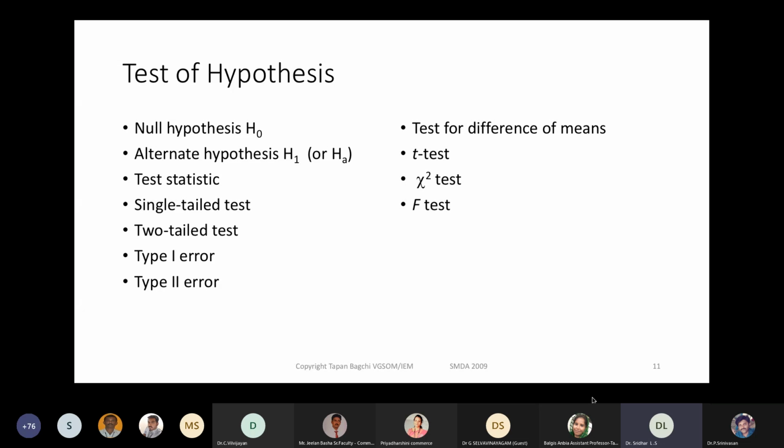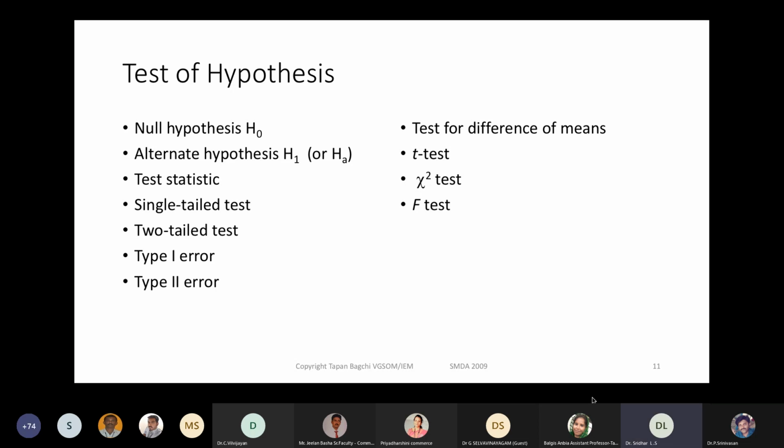The hypothesis can be a tentative statement or the researcher's assumption, whatever your proposed statement is. That is the binary way: null and alternate.